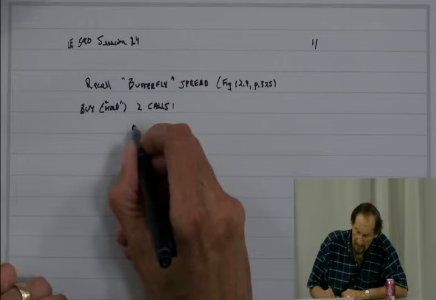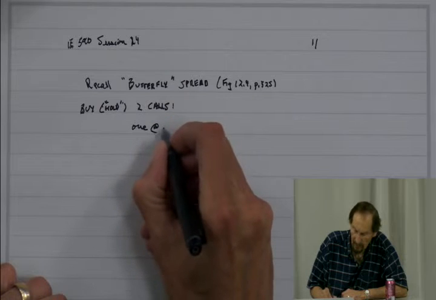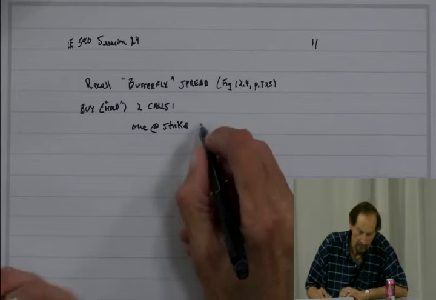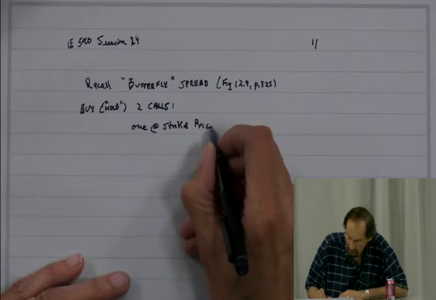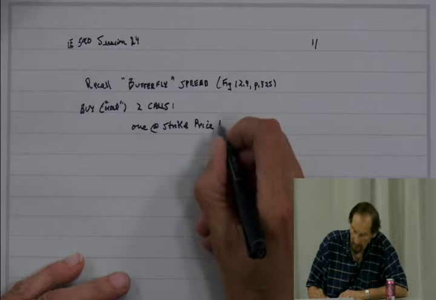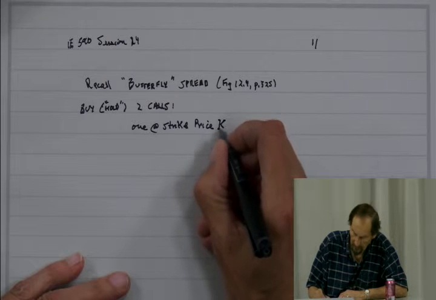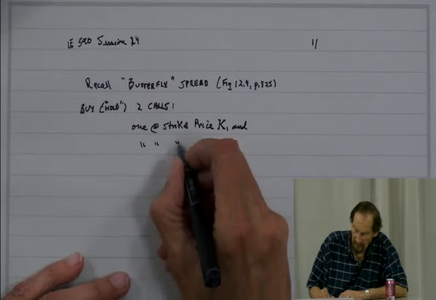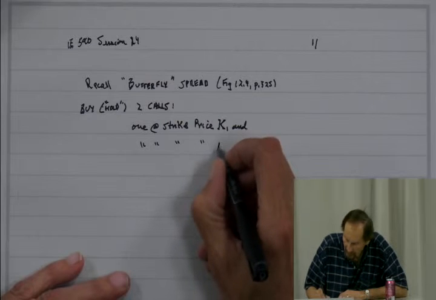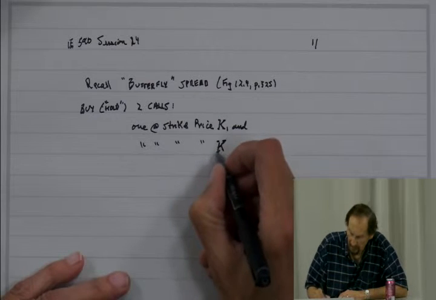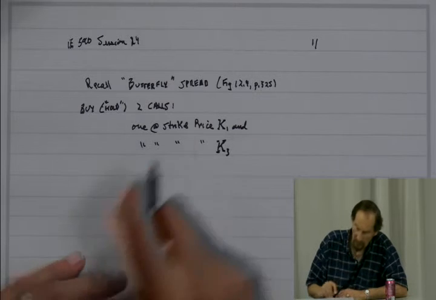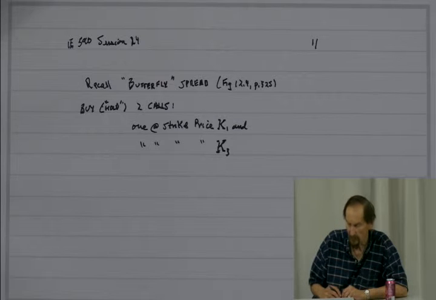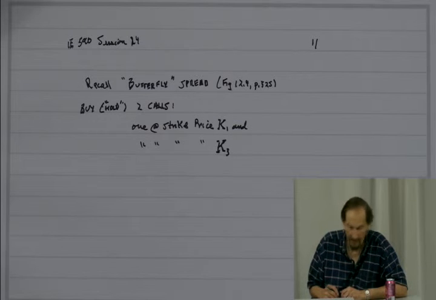One at strike price K1, and one at strike price K3. Now, I said that most books use K for the strike price. I've seen some books use capital X for the strike price, but K is more common.